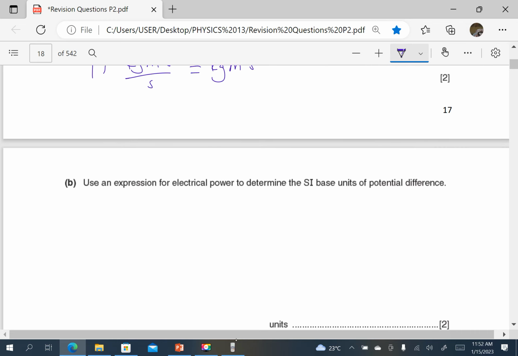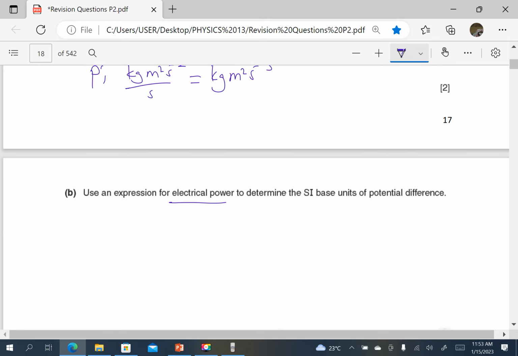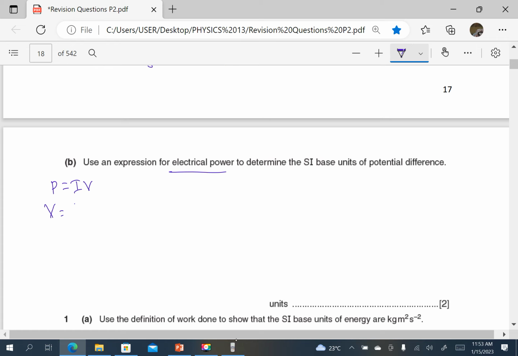Use an expression for electrical power to determine the SI base units of potential difference. So we know that for electrical power, power is equal to I times V. We want V, which is equal to power over I. We know the base units of power in part A, and we know that I is in amperes, and the power is kilogram meters squared per second power -3.